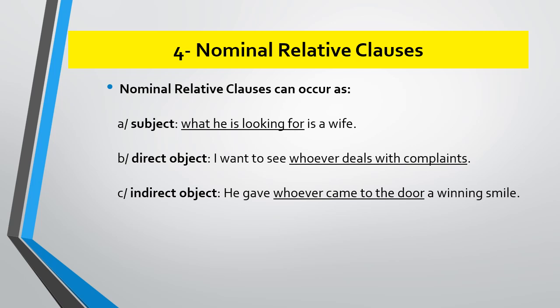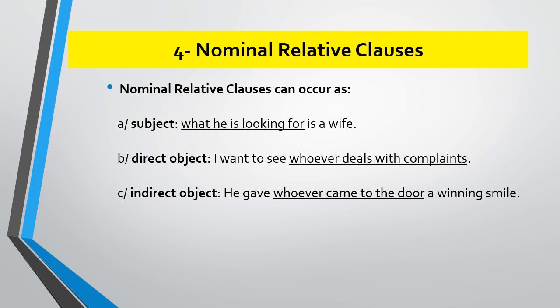An indirect object. We know that many verbs in English are ditransitive verbs. They take two objects after them, the indirect object and the direct object.